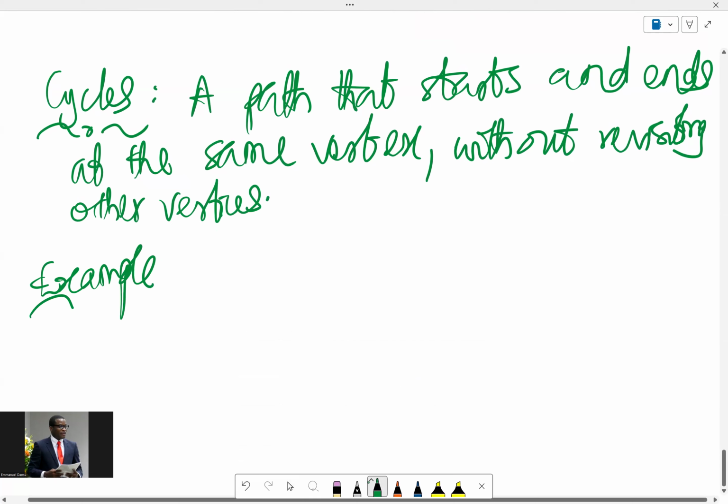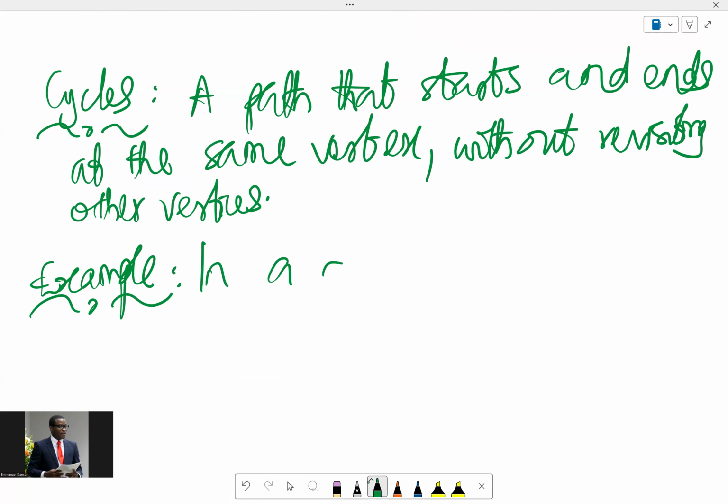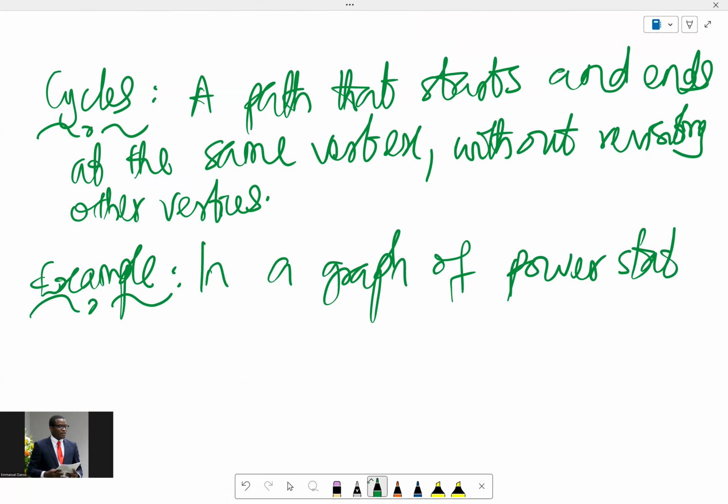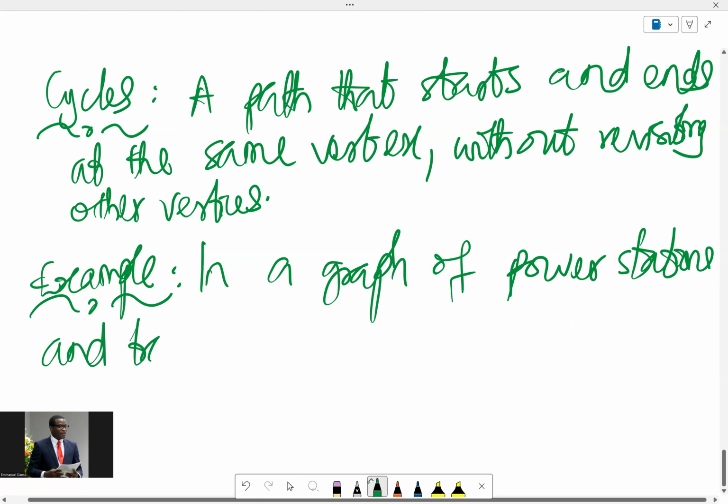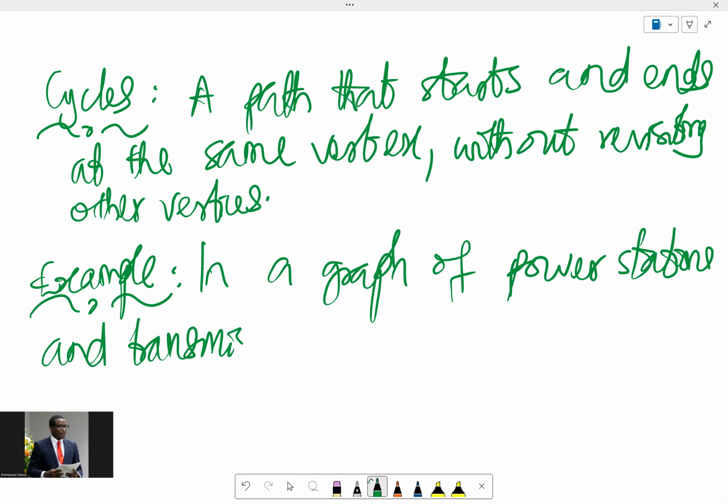A very good example of this would be in a graph of power stations and transmission lines. So the power stations are like the nodes or vertices now, and the transmission lines are the edges.